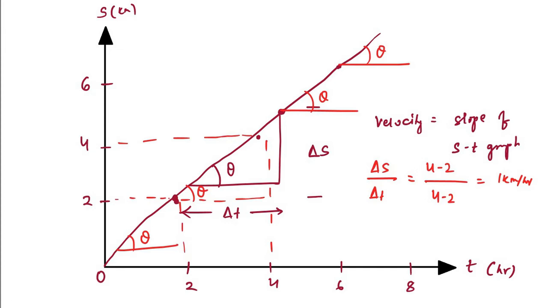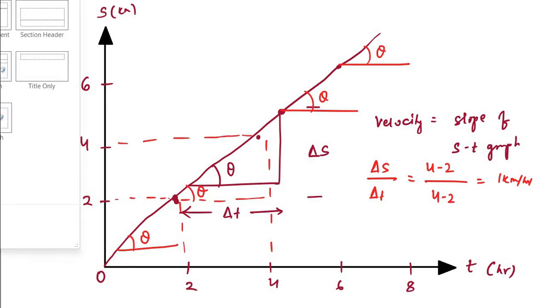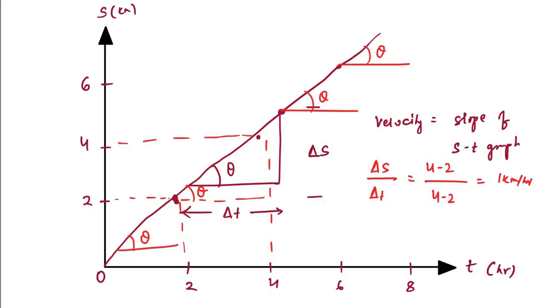So we have discussed uniform velocity. Now we will discuss non-uniform velocity. Same thing. Let's say we have another starting position, let's say O, and the object is moving only along the x-axis because it is displacement.